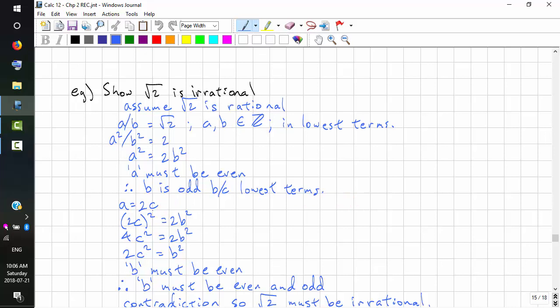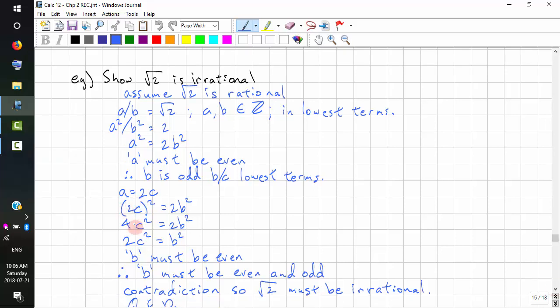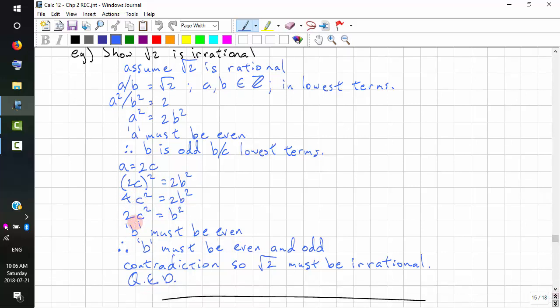So next, let a be equal to 2c because we know that a is even. So we substitute. And when we expand this side, we get 4c squared equals 2b squared. Now we have 2c squared equals b squared.